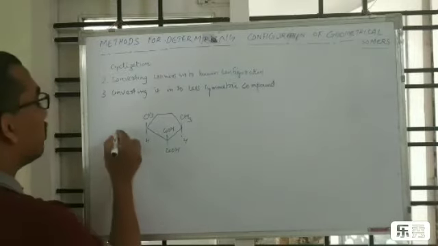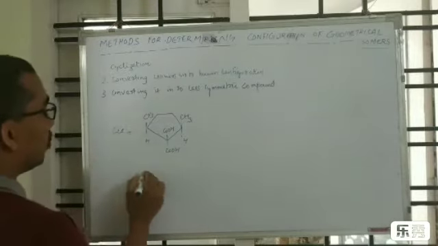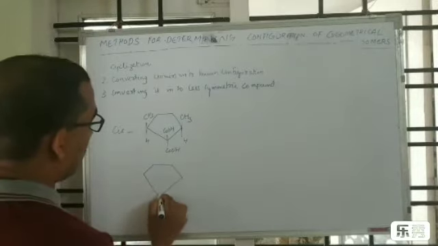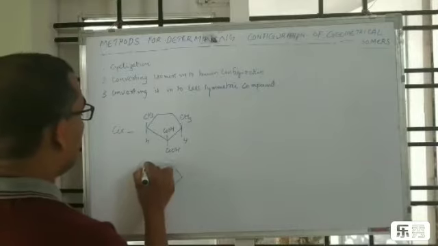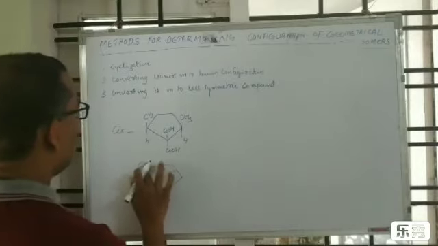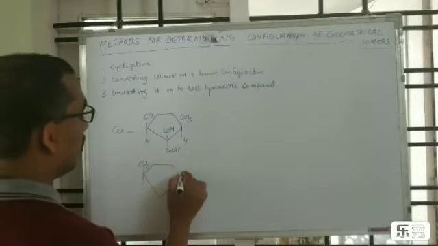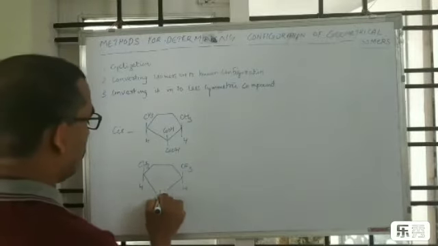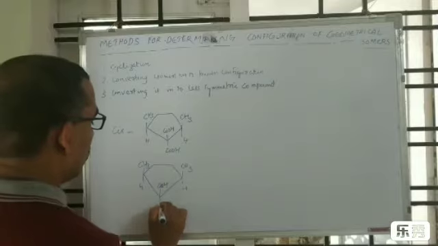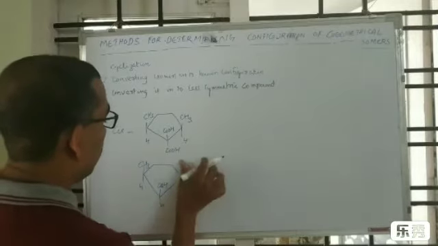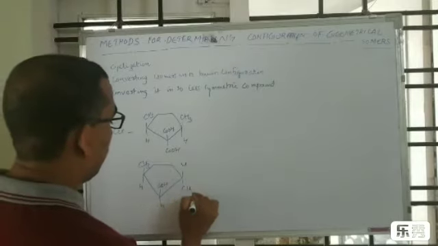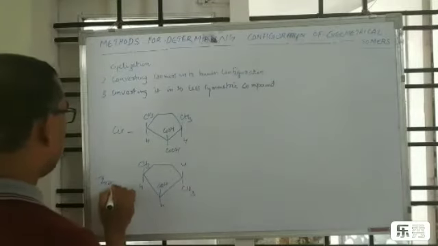This is cis isomer, and then we will write trans isomer. This is the trans isomer.